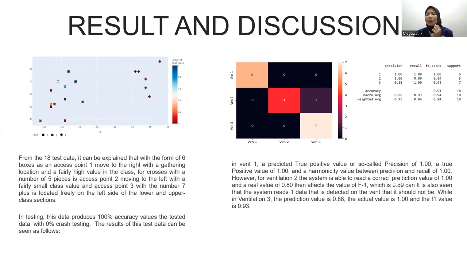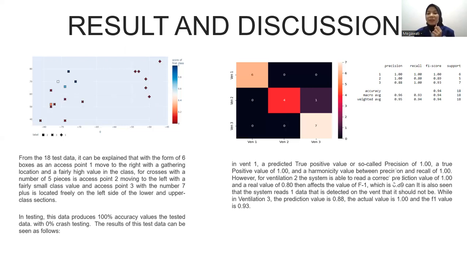However, for the ventilation system above, the correct prediction value is 1.00 and the recall is 0.18, so the f1 value is 0.x9, meaning the system rates one data point as detected when it should not be.